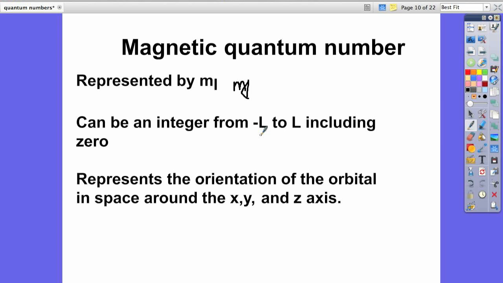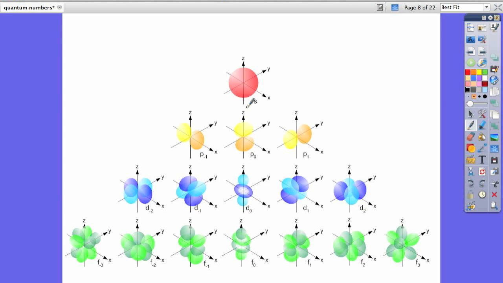You look at your second quantum number, the angular momentum l, and m sub l is going to be all the numbers between negative l all the way to l, including the 0. This is going to tell you the orientation of the shapes around the x, y, and z axis.